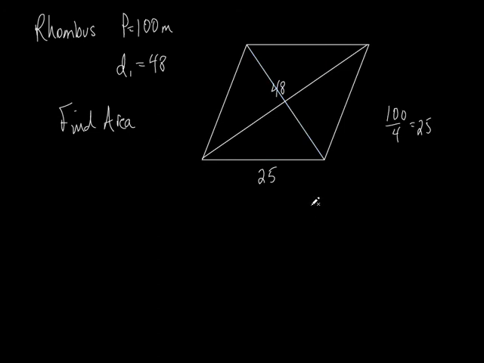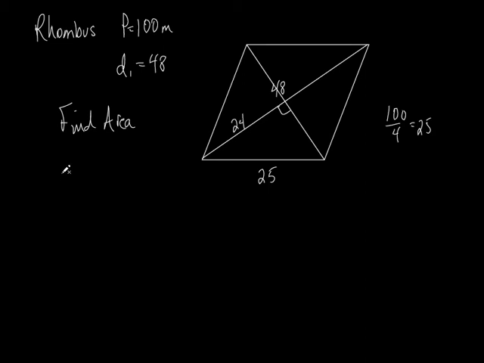So what do we know about a rhombus? Four sides are equal, so all four sides are 25. We also know that the diagonals of a rhombus are perpendicular, so we have a right angle. We also know the diagonals of a rhombus, or any parallelogram, bisect each other. So I know this side right here is 24, and I'm trying to find the area of this rhombus.